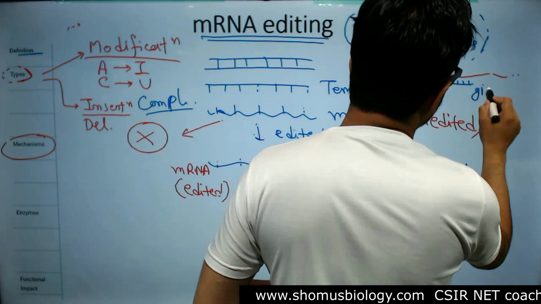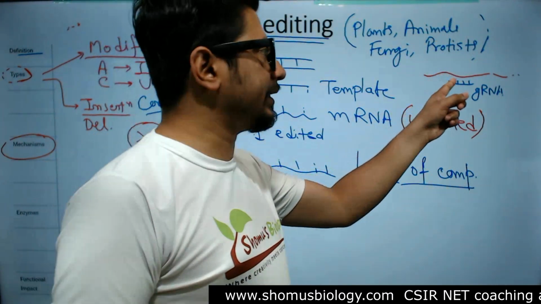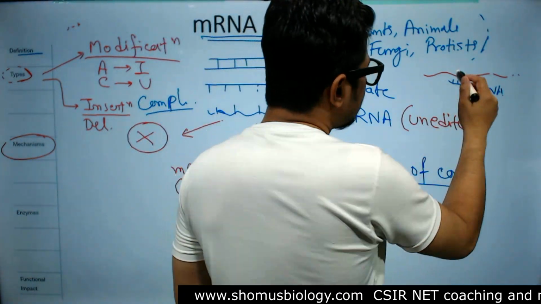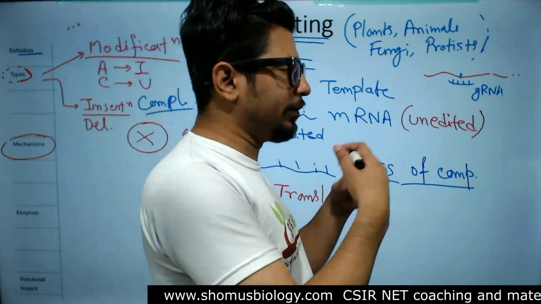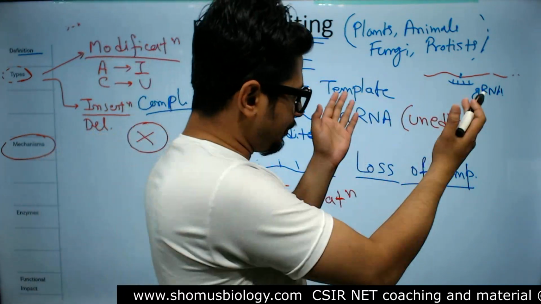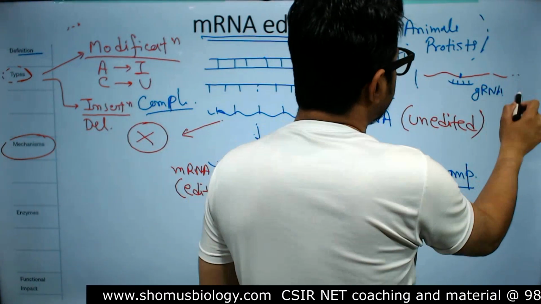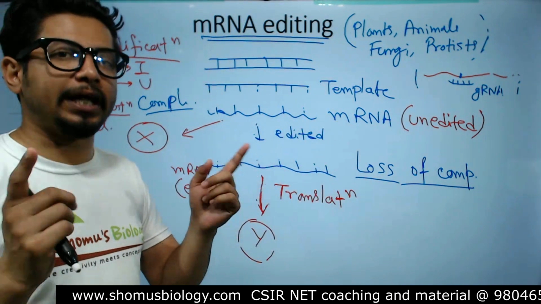In a particular location where they need to add or delete a nucleotide, they cleave that part of the RNA and insert a new nucleotide, or cleave the existing nucleotide out, and then rejoin the RNA. In that way, they modify the existing mRNA. This is how guide RNA mediated insertion or deletion can be done.